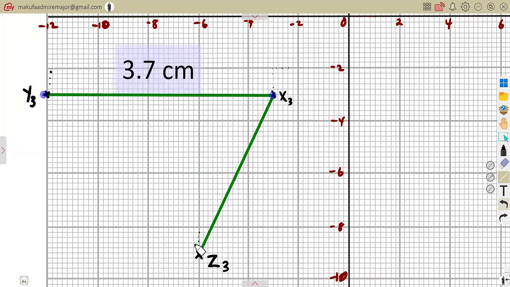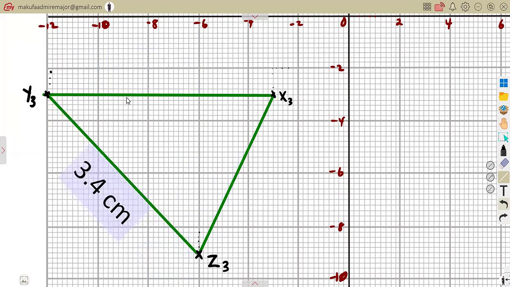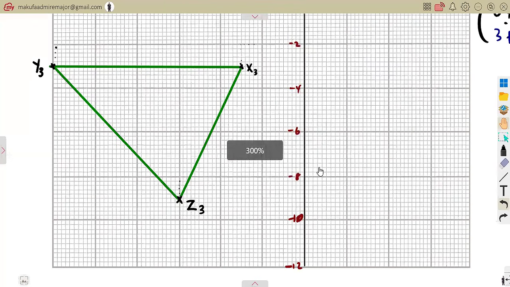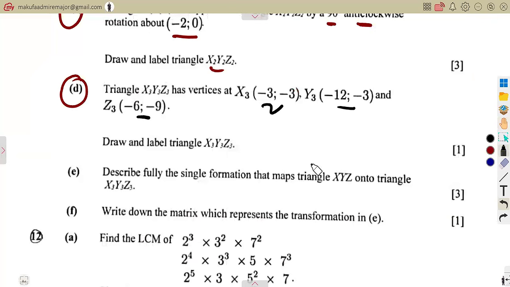We can join the X3, Y3, Z3 triangle that you're given and describe the transformation, which is mapping the triangle XYZ to this triangle X3, Y3, Z3.